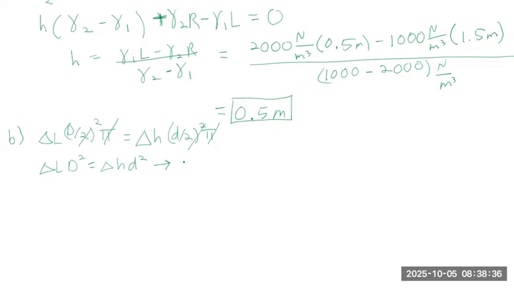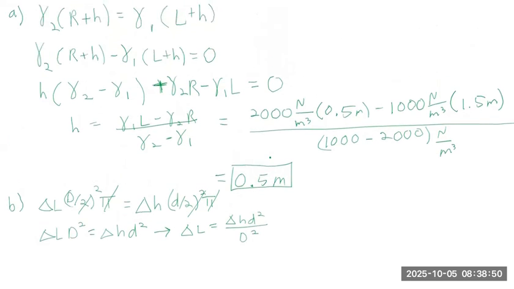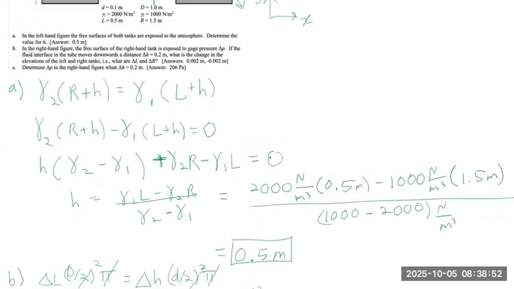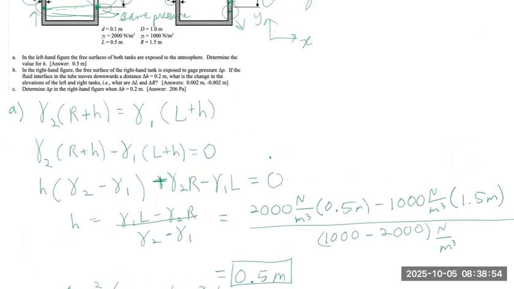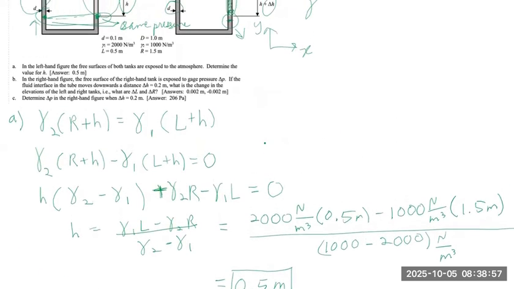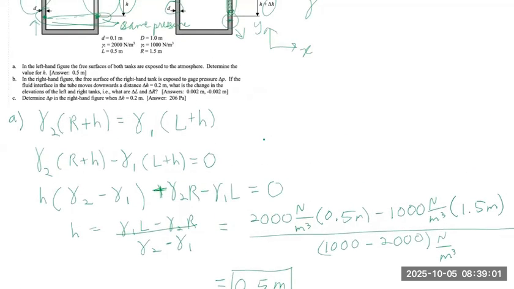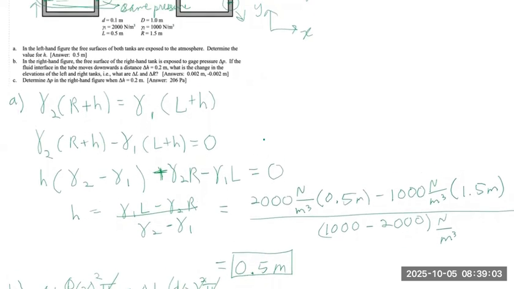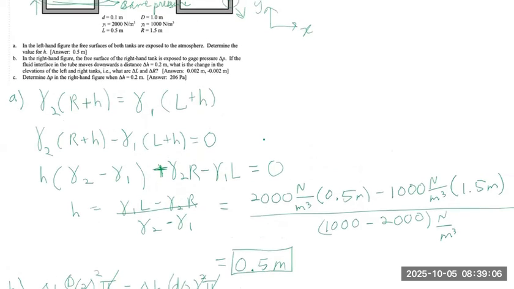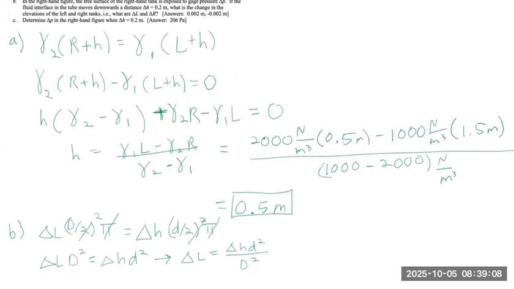Now we can find an expression for delta L in terms of delta H, small d, and big D. Basically, delta L is equal to delta H times small d squared over big D squared. And we can now plug in our known values. We know that delta H is 0.2 meters, small d is 0.1 meters, and big D is 1 meter.